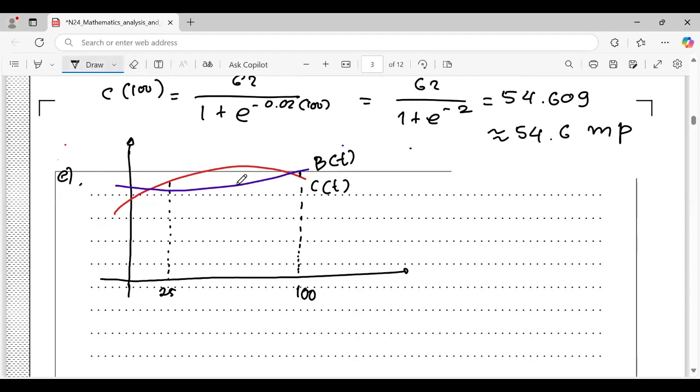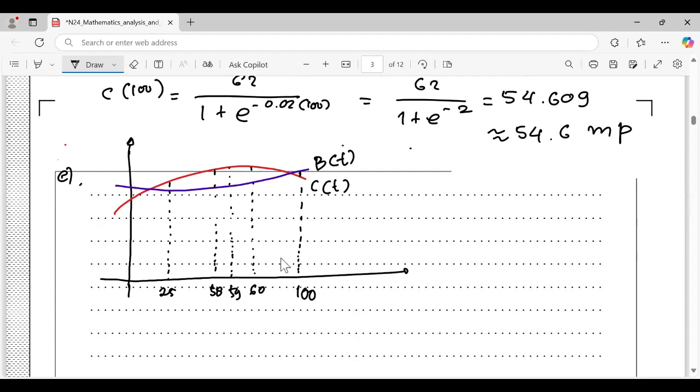I found that the values are around three numbers, 58, then 59, and then 60.